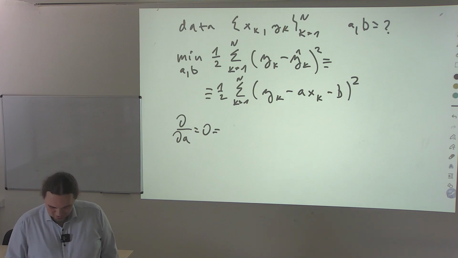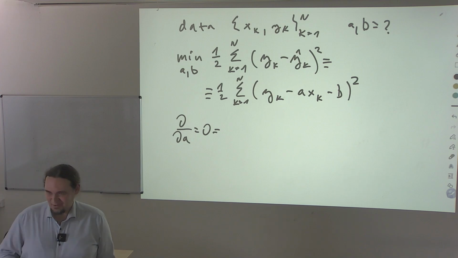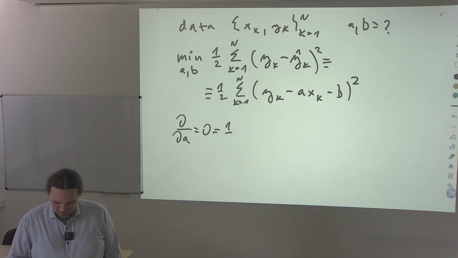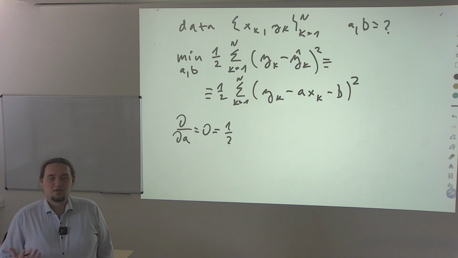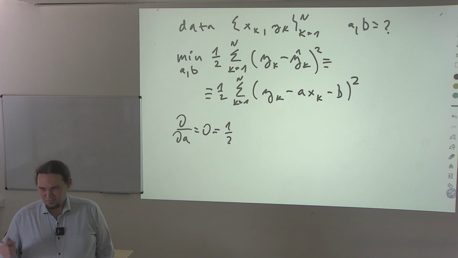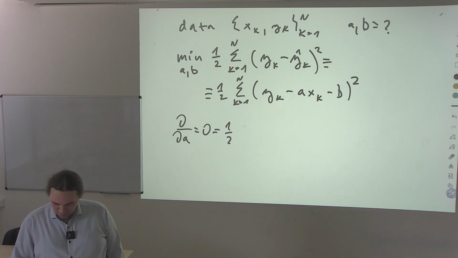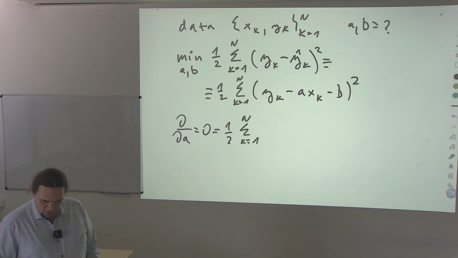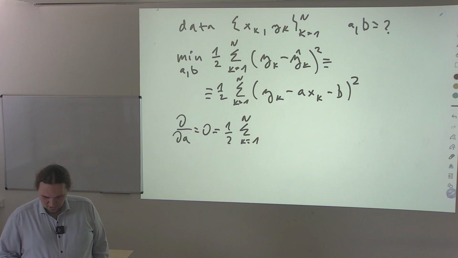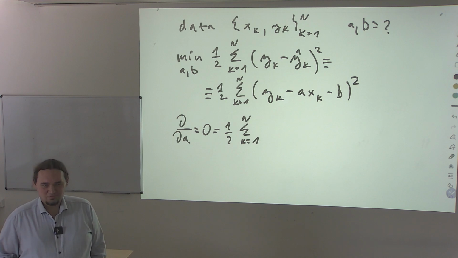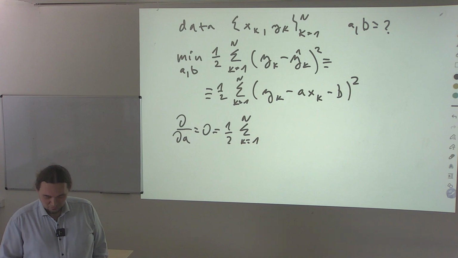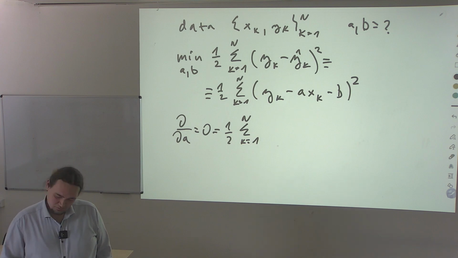Okay, maybe I'll just start. We have a constant of 1/2, so let's just keep this constant here. We have a summation, so the derivative of a sum is a sum of the derivatives, so the sum is staying with us. And then we have a quadratic function. We can multiply the brackets within itself, simplify.